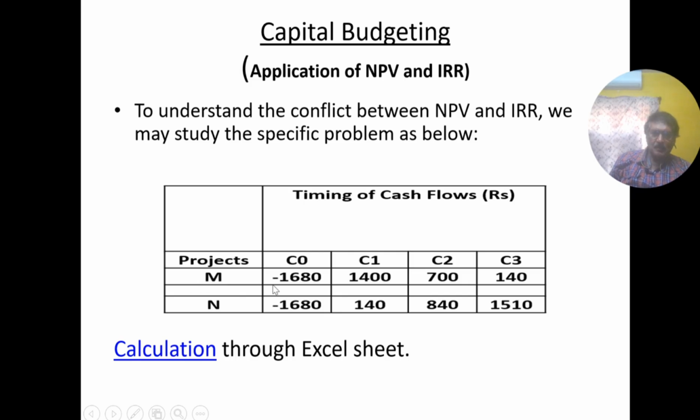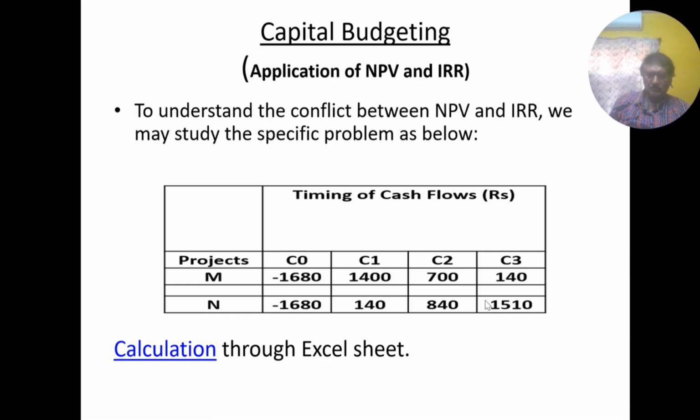For the project M, the cash outflow is rupees 1,680 at the beginning, and after 1 year the cash inflow is rupees 1,400. After second year the cash inflow is this, and after third year the cash inflow is 140.